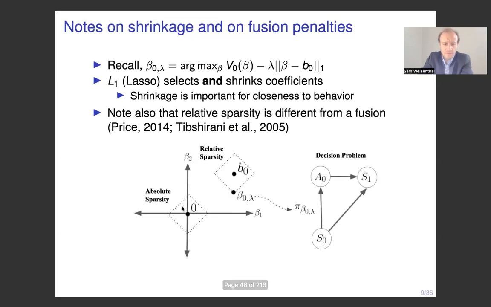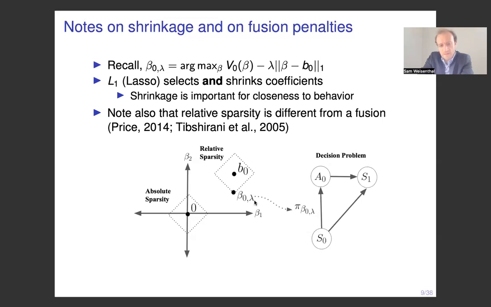To show this in a picture, this is the typical lasso diamond that one sees when we're looking for absolute sparsity, when there's no beta naught; B naught is essentially 0 here. We're just recentering this diamond around the parameters of the behavioral policy. That then gives us a suggested policy parameter that has favorable properties in terms of the policy it indexes for the decision problem.